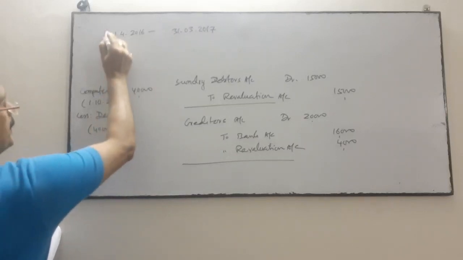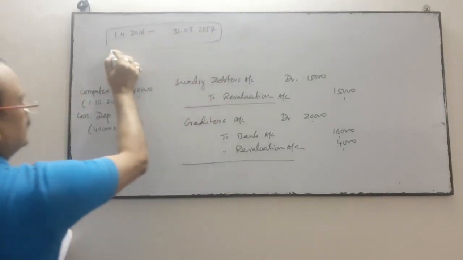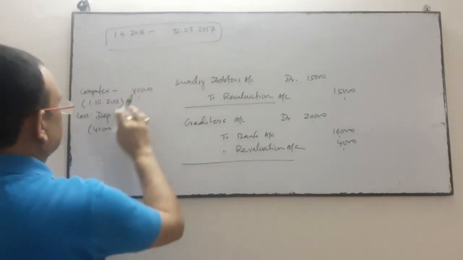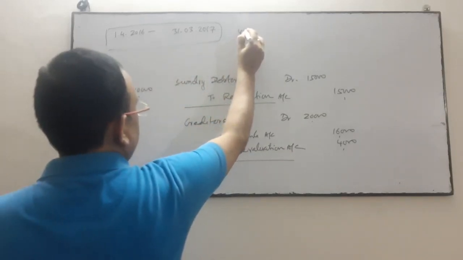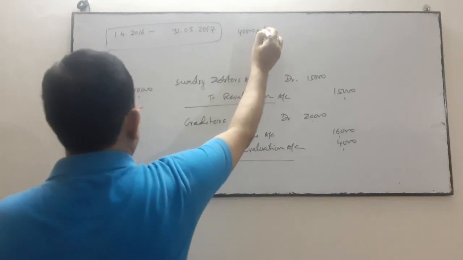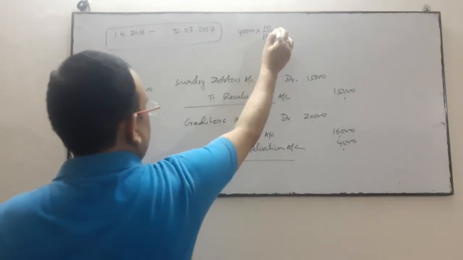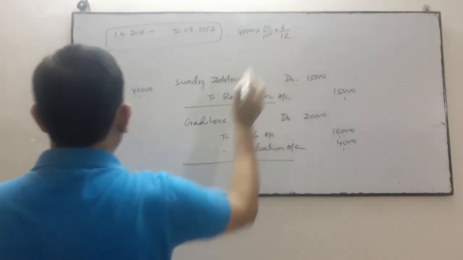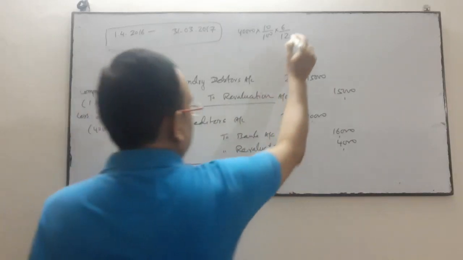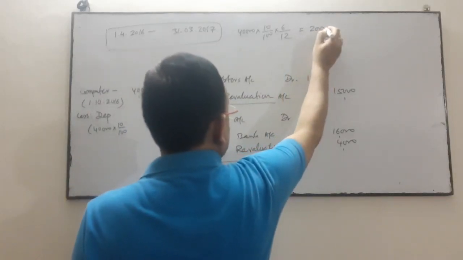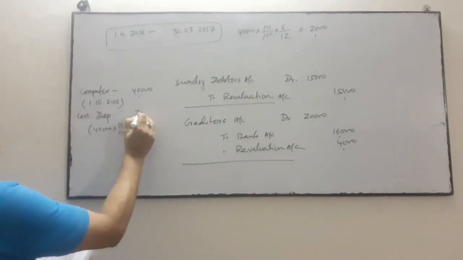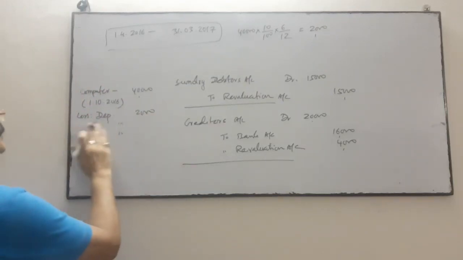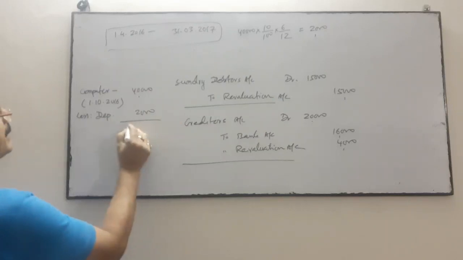In this financial year, this computer purchased in October was used for how many months? 6 months. 10 into 6 by 12, from 1st October to 31st March. So it is 2,000. So I have deducted 2,000 from here. Now it is 38,000.